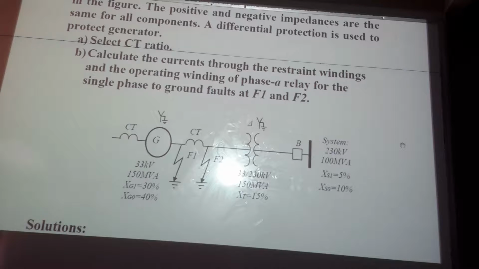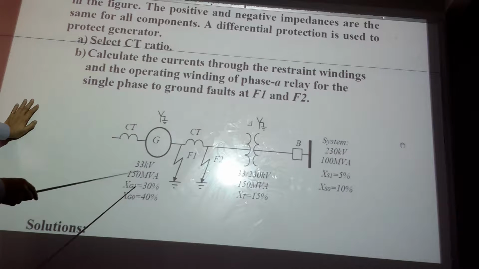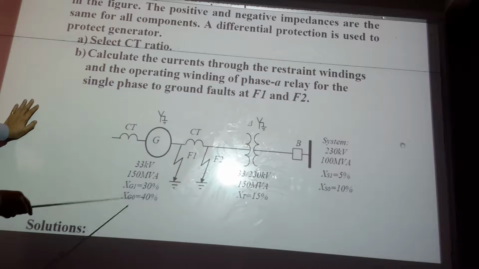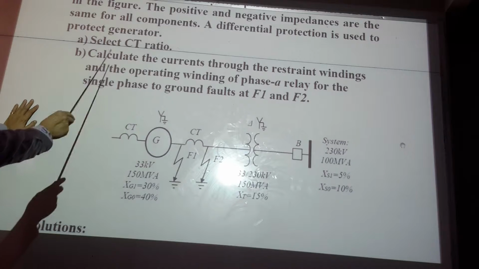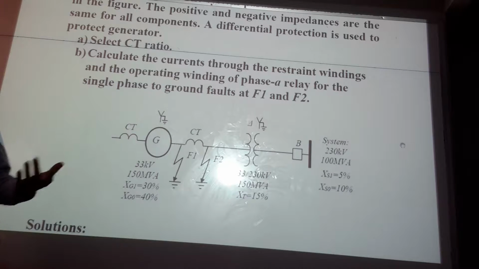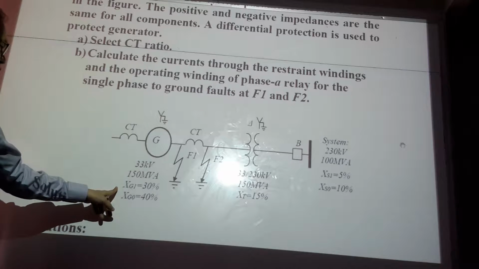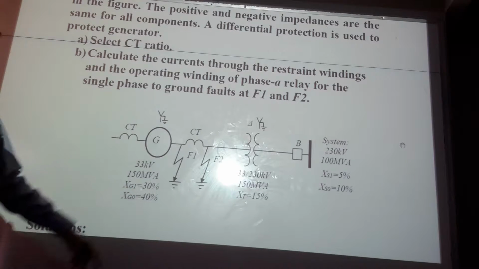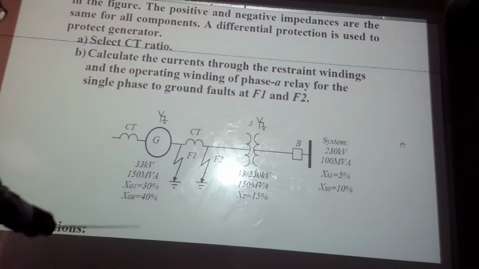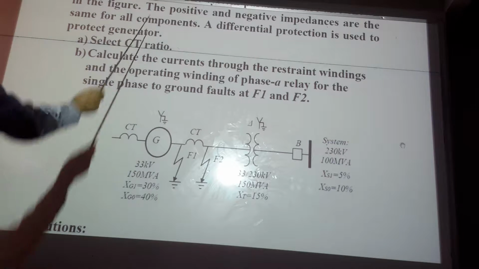The positive and negative sequence impedance are the same for all components. So this is called positive. This is called 0. So it says that I don't write negative. It means same value. It's just lazy. But it's XG2 is equal to 0.3. XG0 is 0.4. Yeah, that's what it meant, positive and negative.